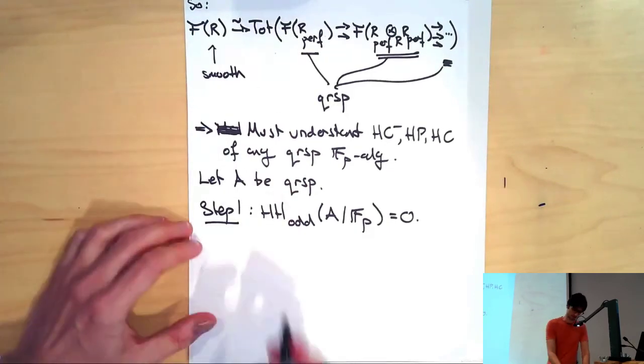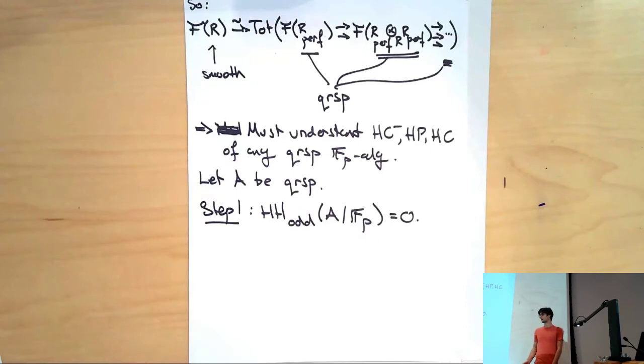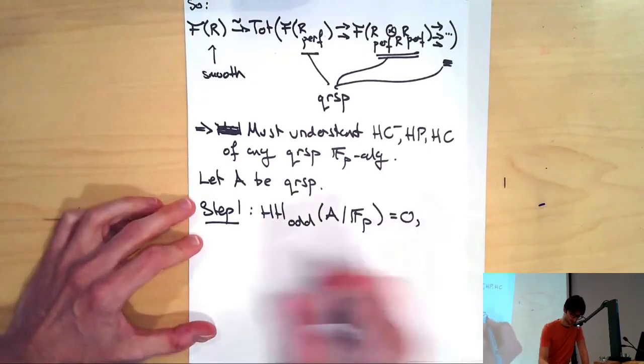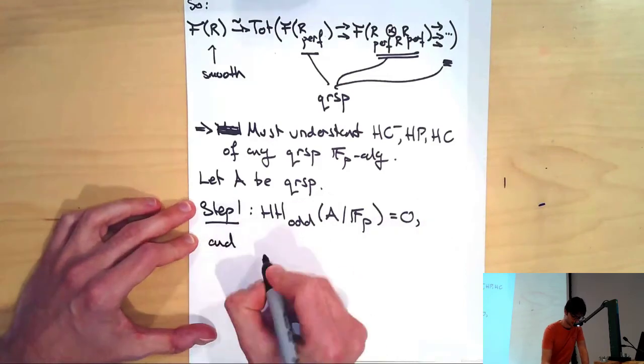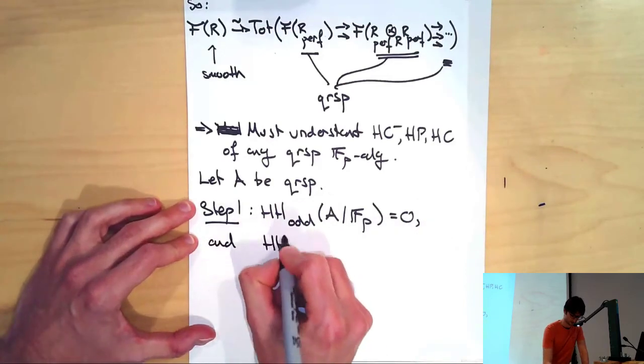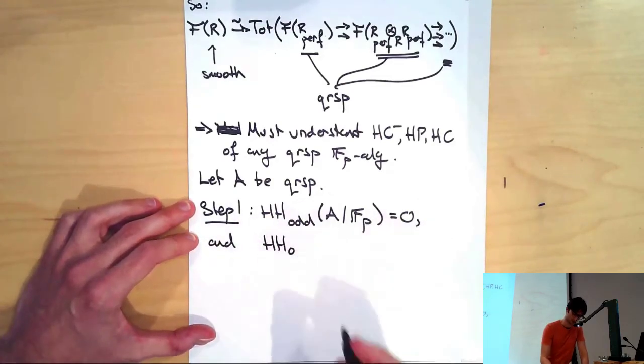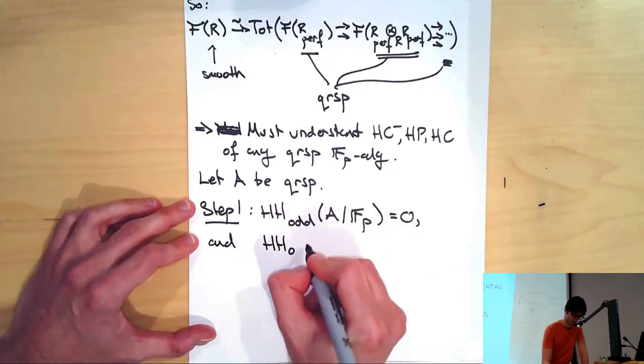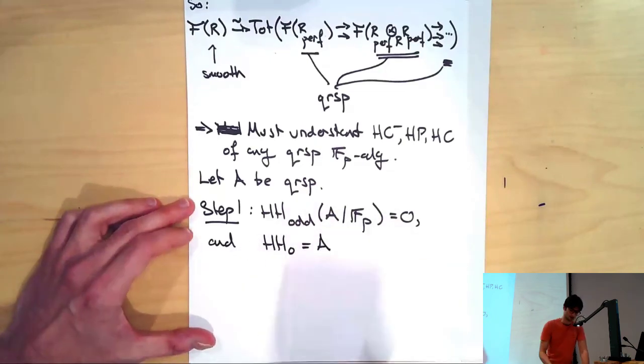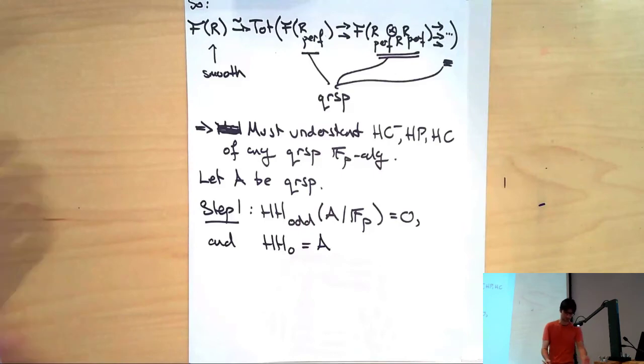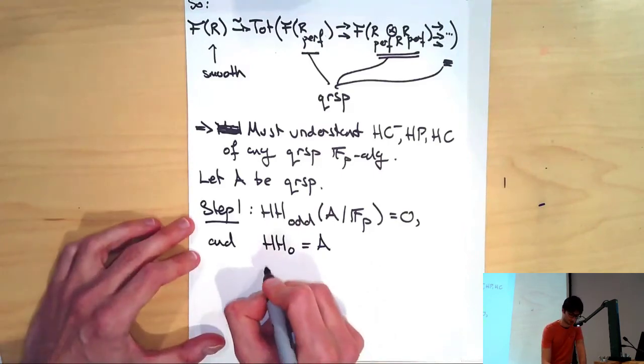Let me also say something about how this looks in even degree and how one extracts this sort of information. So these vanish, and okay, HH0, let me stop writing the A over FP, it takes up too much space. HH0, we already know that's just a copy of the ring that we did as a general calculation last time.